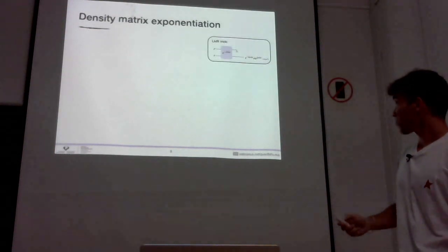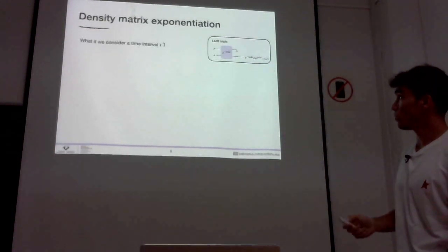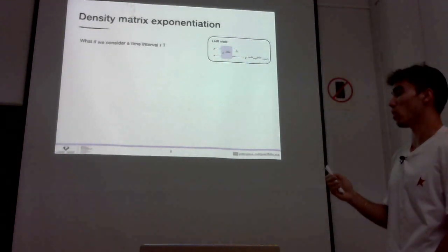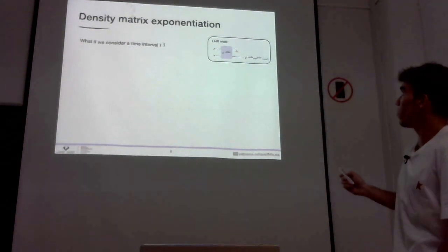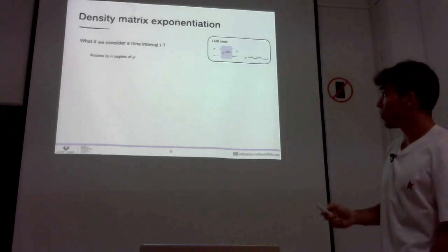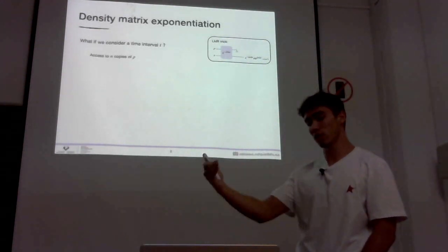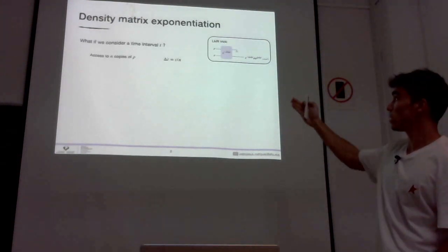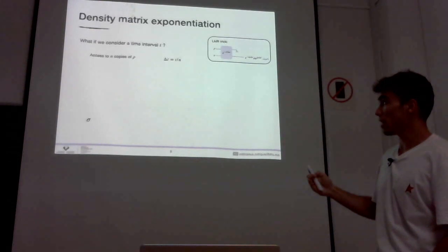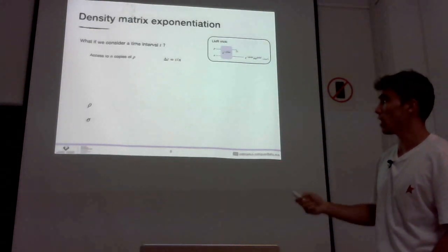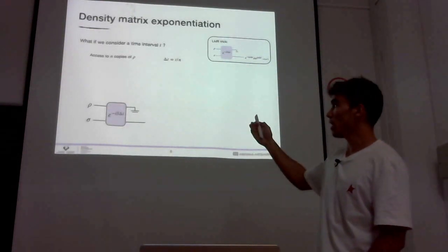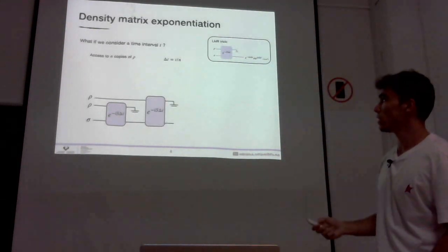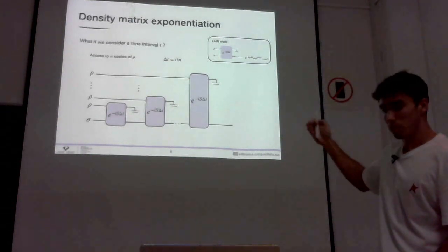So the idea is, okay, now we have this LMR trick, but what if we consider a time t which maybe is not small enough to be okay with this error? If I have access to n copies of this quantum state, what I can do is divide this time t into time intervals of delta t and just apply this iteratively. So I have my sigma, I have one copy of rho, I apply the LMR operation, then I get another copy of rho, I apply again this operation, and I do it n times.